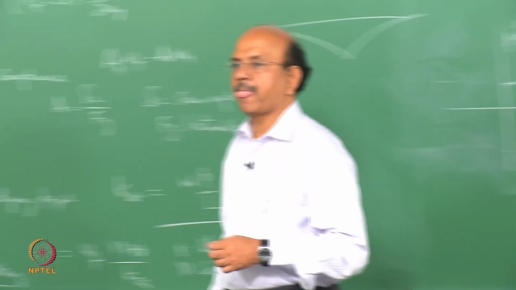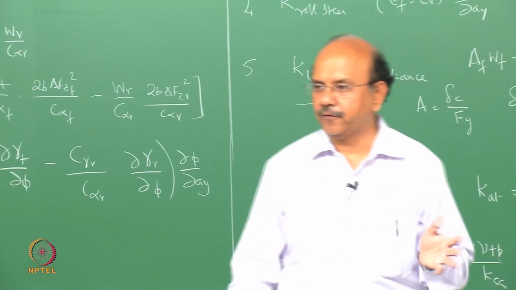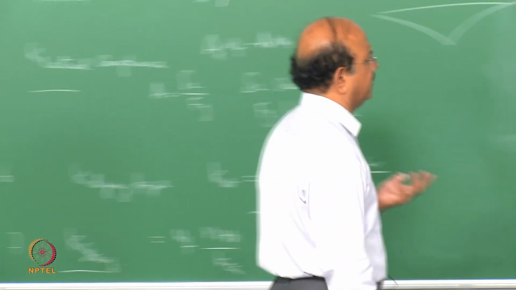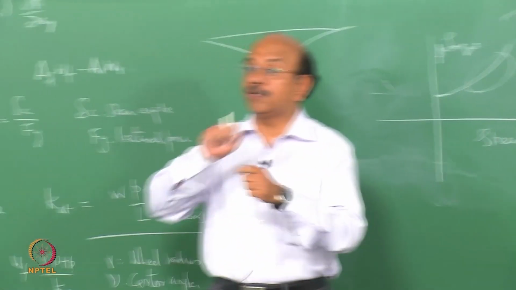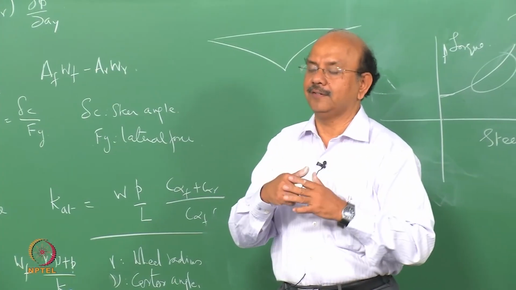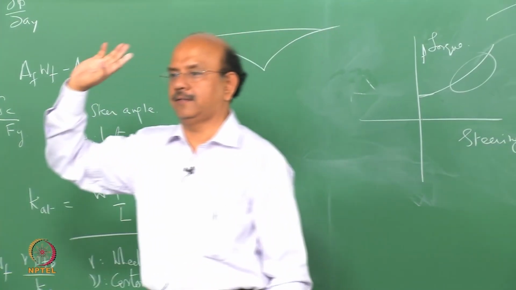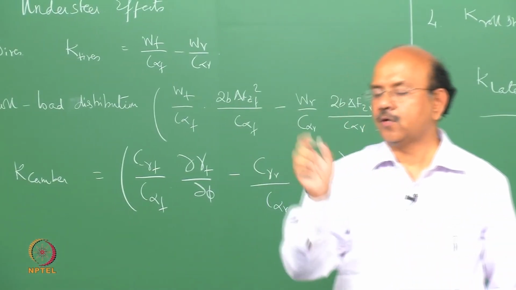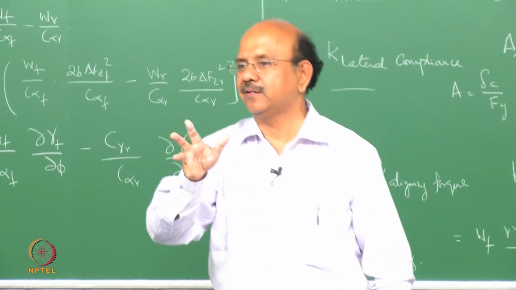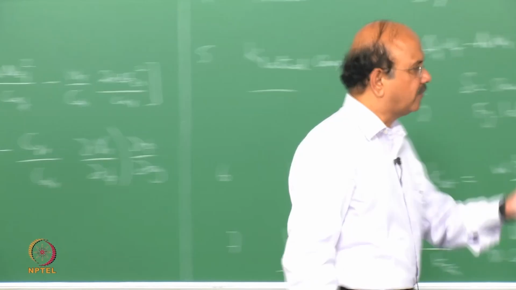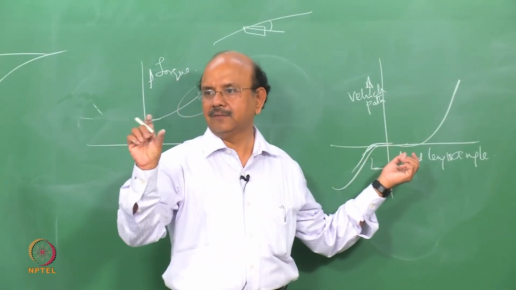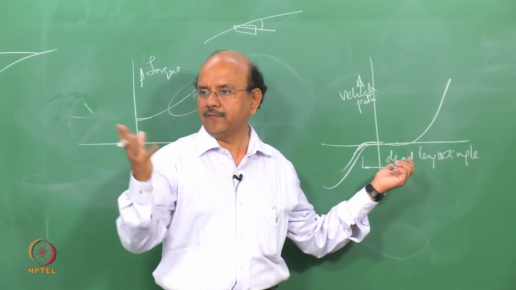How much would this value be? That's what I said. It's very difficult to say what the value should be. Actually, if you look at the total steering input, it runs to 300 degrees. It is not that it is 5, 10, 20, 30. So this may be of the order of about 8, 10, or maybe much less than that, plus or minus 4, 5, that kind of thing.